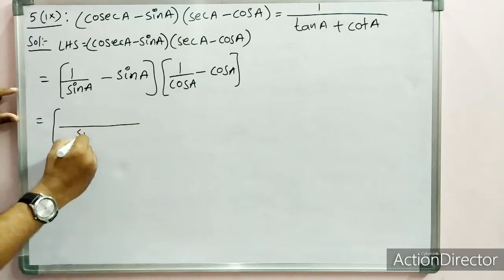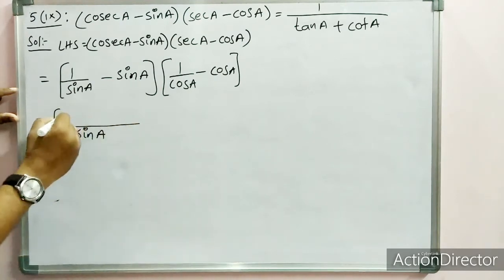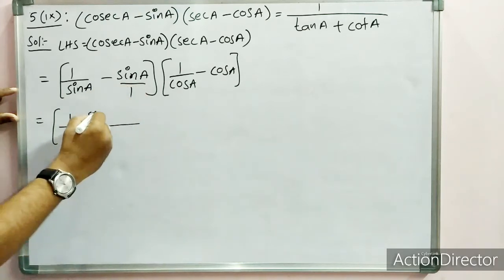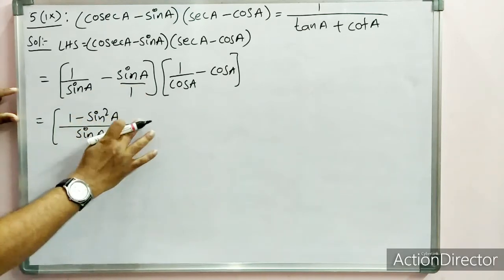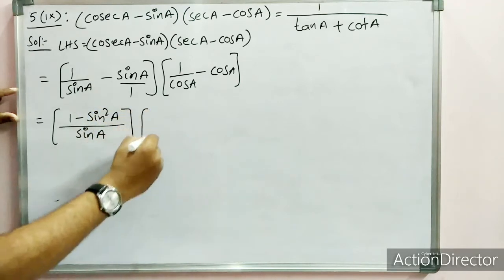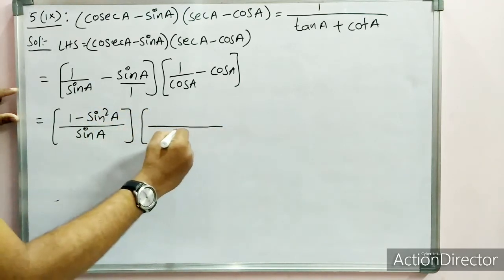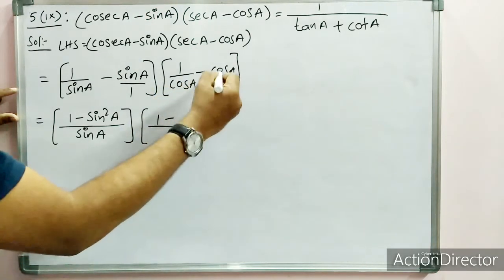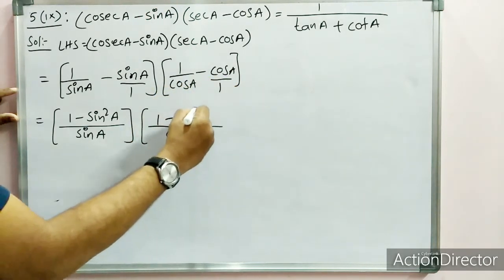The LCM will be sine A, and it will become 1 minus sine square A. Now take the LCM of cos A: 1 minus cos square A.